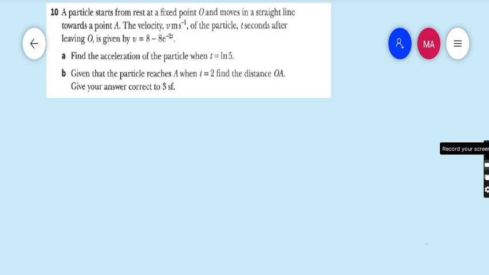This is the answer of part B of question number 10.